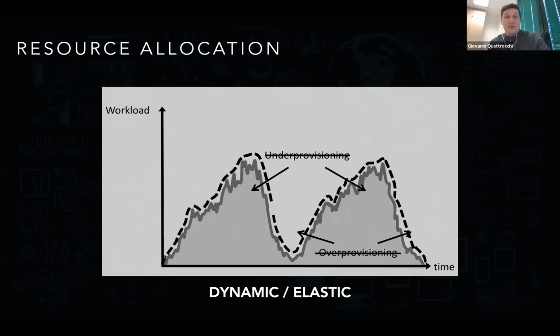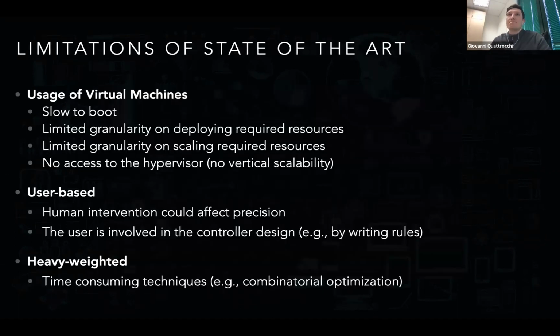These approaches were well known when I started my PhD some years ago, but they were based on virtual machines. And since virtual machines, as I said, are quite slow to boot, you cannot really precisely match the workload, because if you have a very strong peak of requests in a short period of time, say 1 minute, then even if you want to start a new virtual machine, you can't, because it takes too much time to boot.